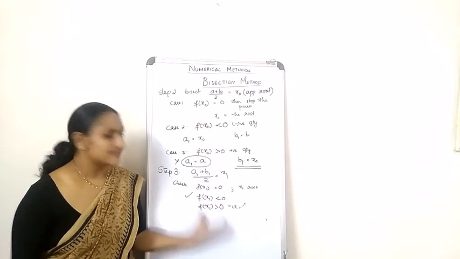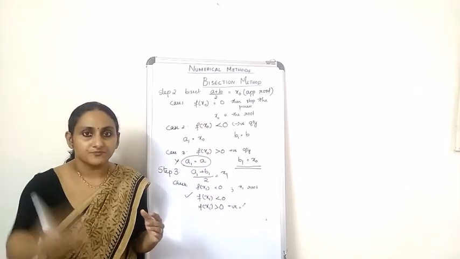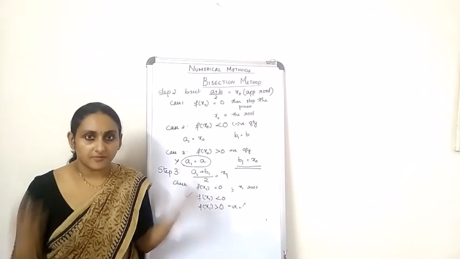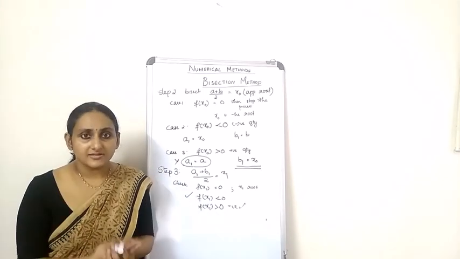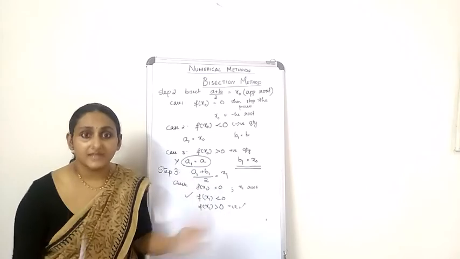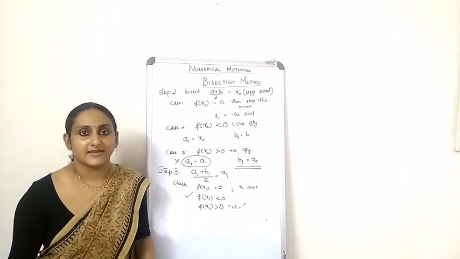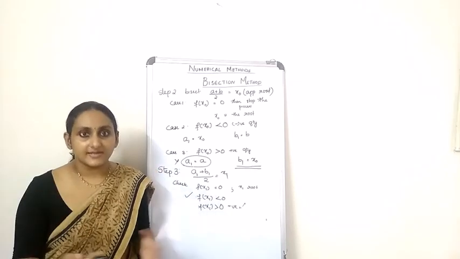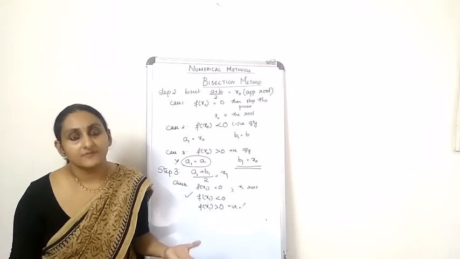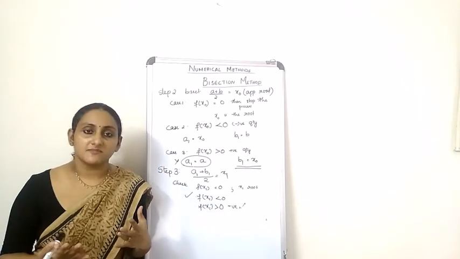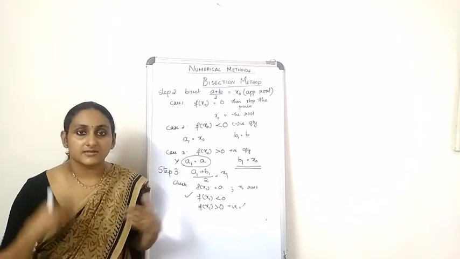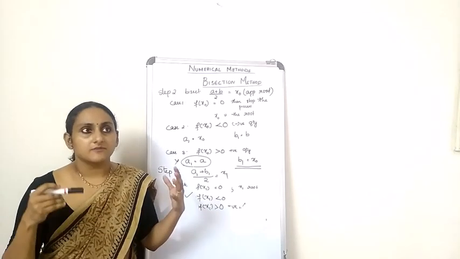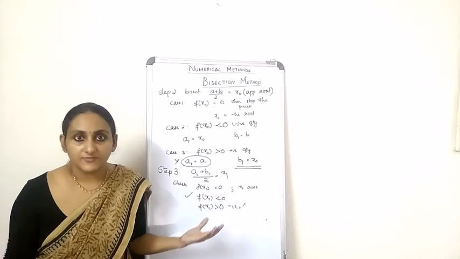Now all these things will be clear when you move on to the problem section. This process will continue until you get f of xn equal to 0. Let's see by doing a problem how we can arrive at that, because in the bisection method you will have to iterate many times, in some cases 12 to 15 times.